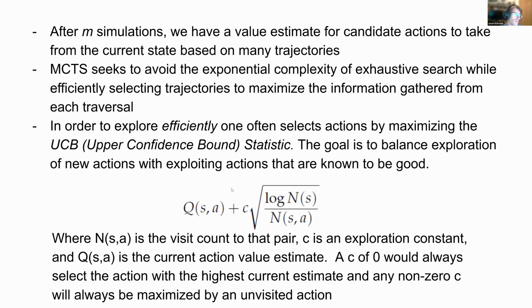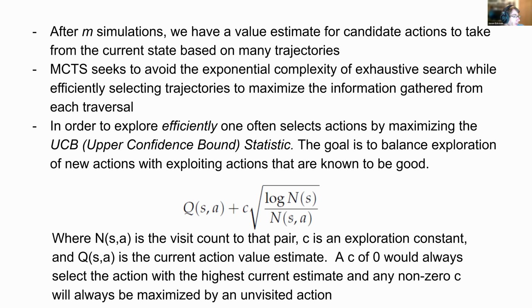If we consider the mean value here to be a probability distribution instead of an exact value, then we're adding a standard deviation to that to say we can reasonably expect that this value could be as high as this. And whichever of these state-action pairs has the highest of this value, rather than just the Q value, is the one that we select to traverse in the tree for further expansion.